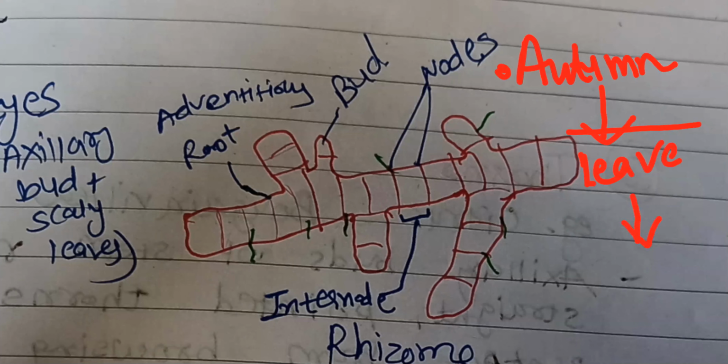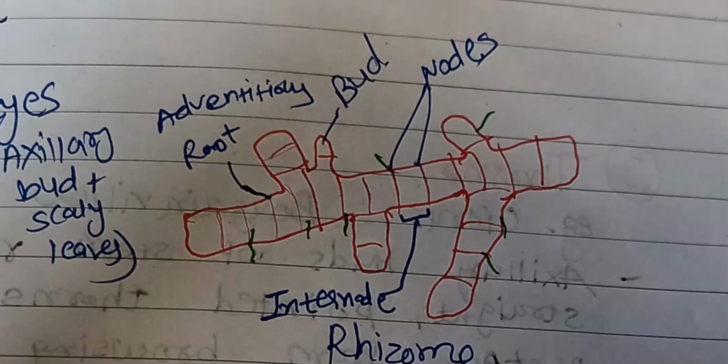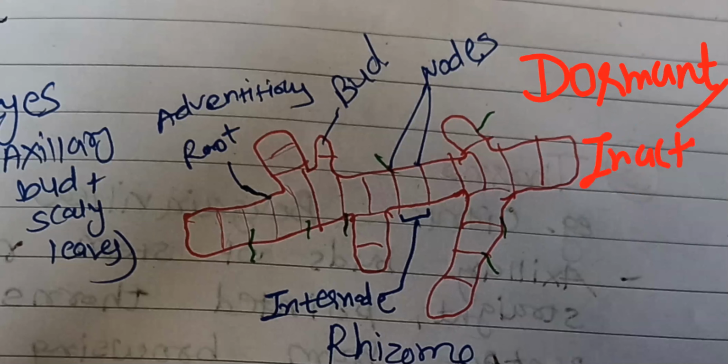During that inactive, dormant period, to survive, some plants store the food in the root, some plants store the food in the stem. To survive in that dormant or inactive period, for example the autumn season.